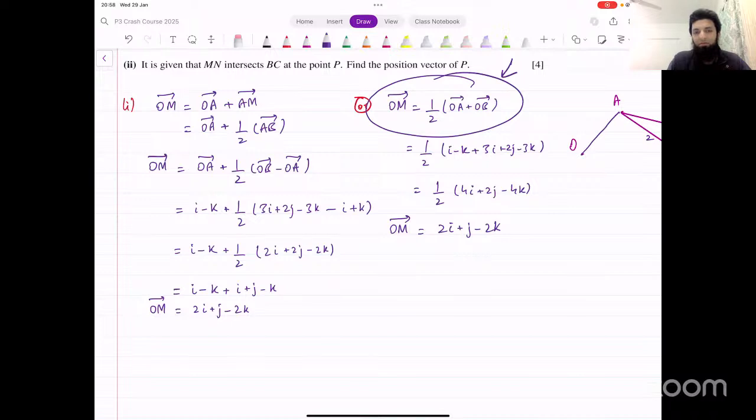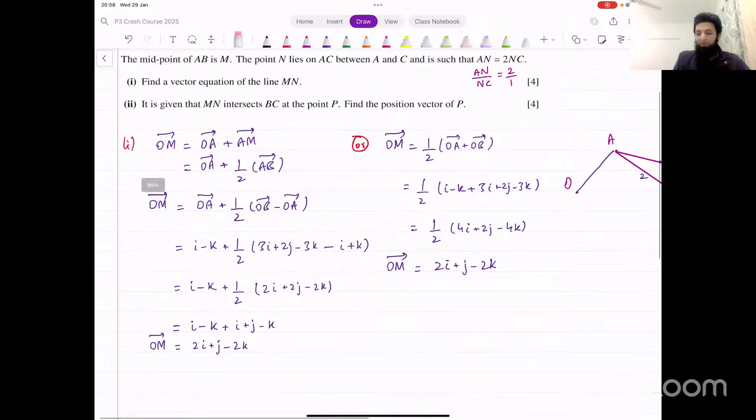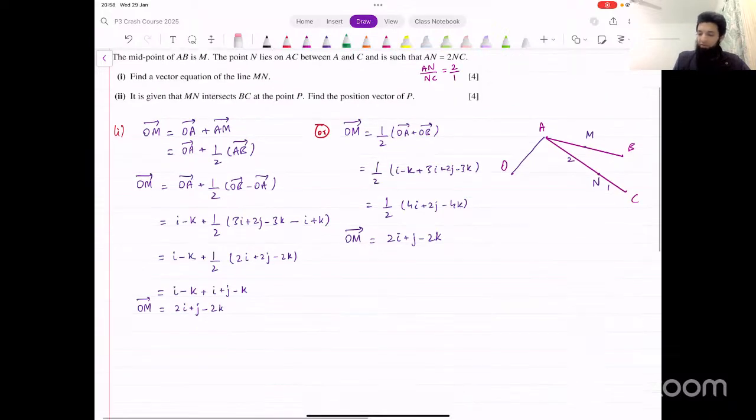All right, so we have the position vector of the point M now. What about the point N? Position vector of N, that is also what we need to find out now. For that as well, we could use 2 different methods. I'll tell you about both of them. Let's start with ON first of all.